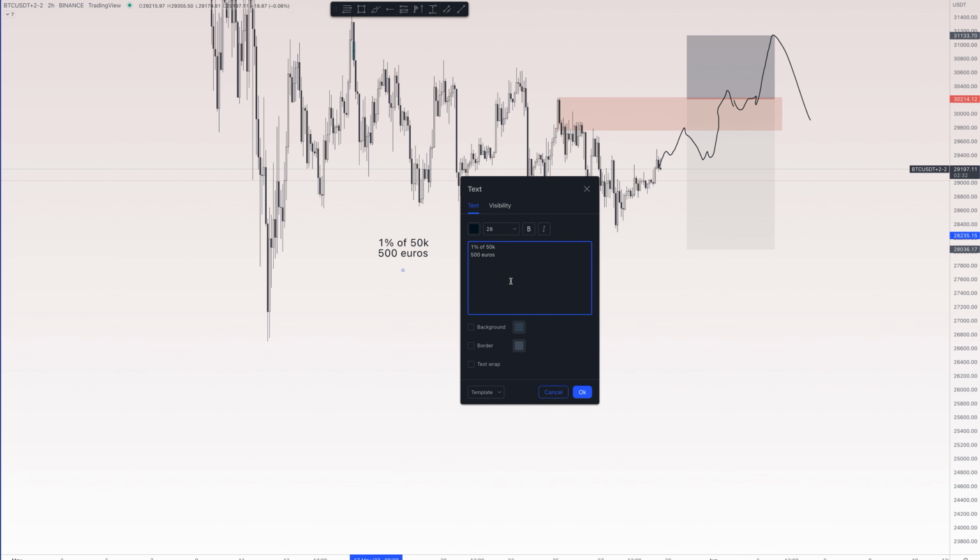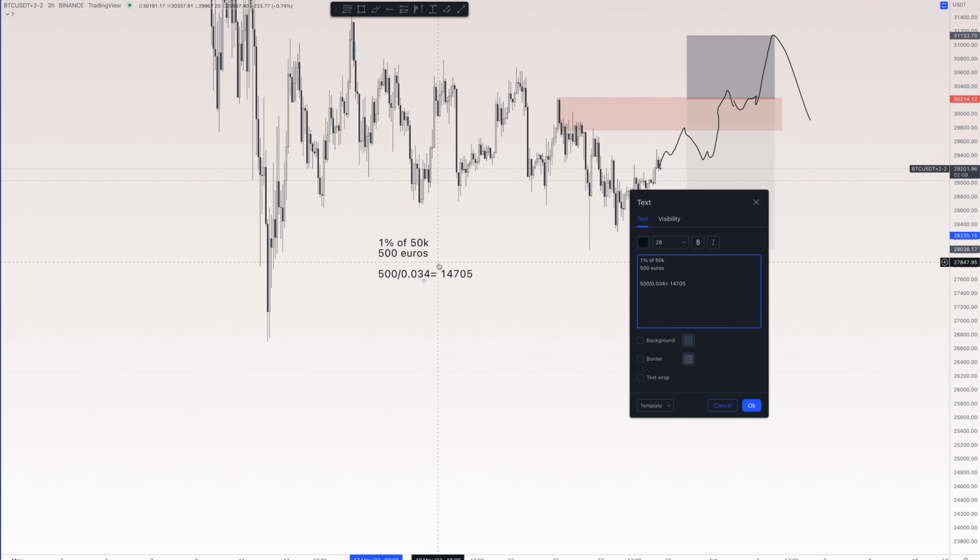That's equal to 500. So 500 divided by 0.0304 is equal to 14,705 euros, or dollars. So this is the amount that the whole position will take in. This is the position size.